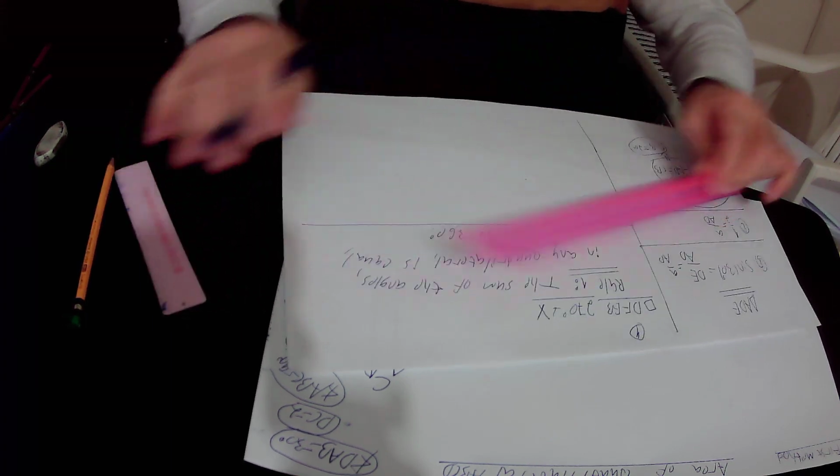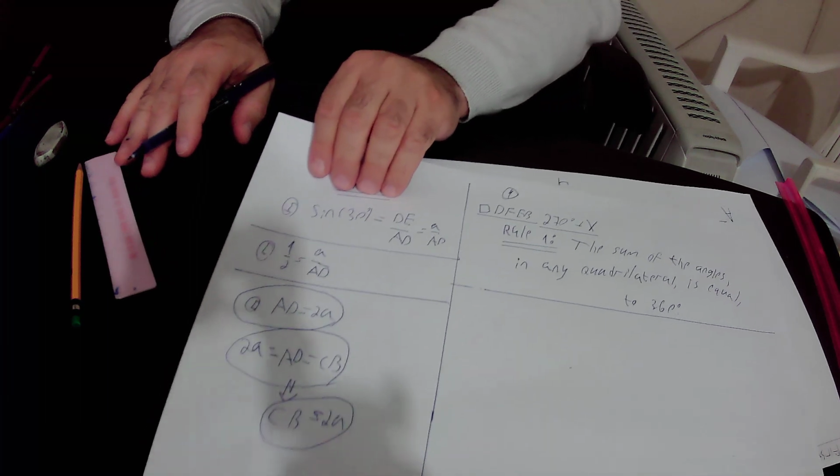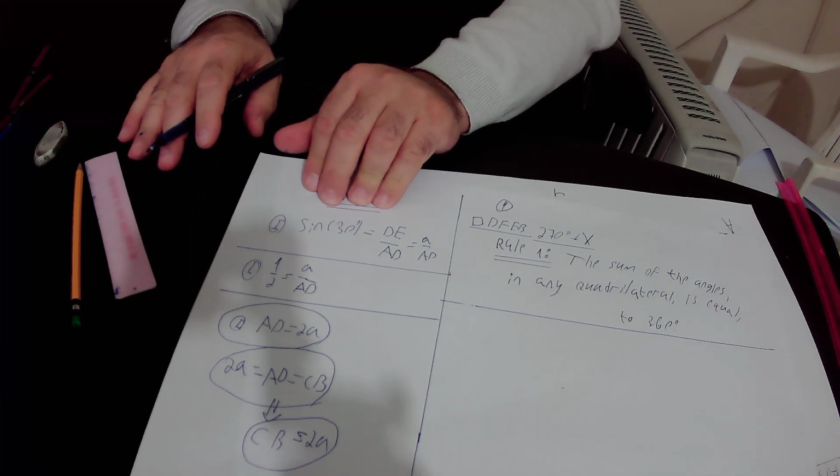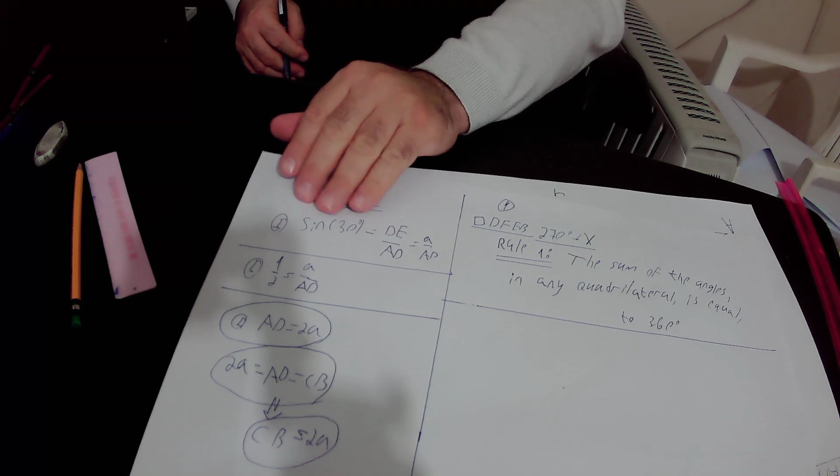I will read rule number 1 again. According to rule number 1, the sum of the angles in any quadrilateral is equal to 360 degrees.